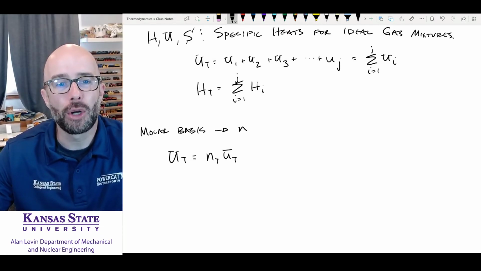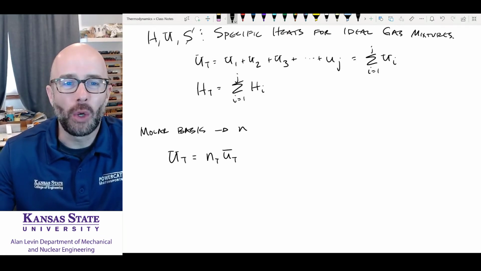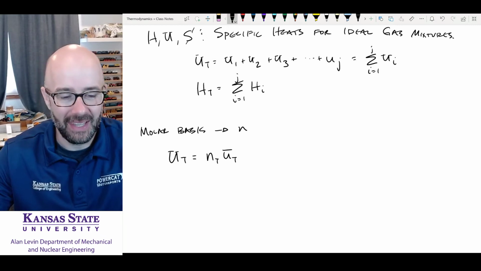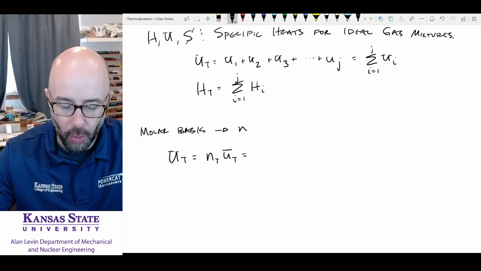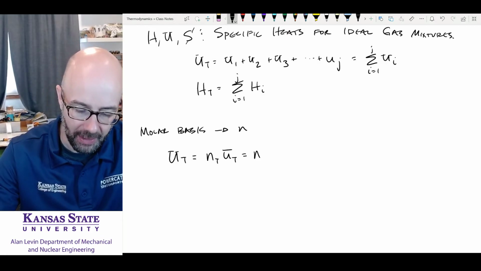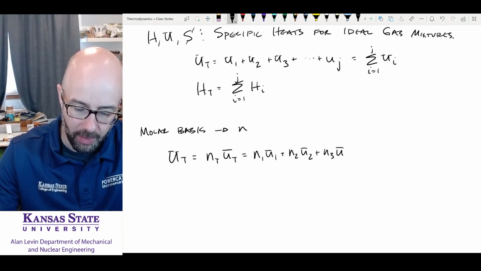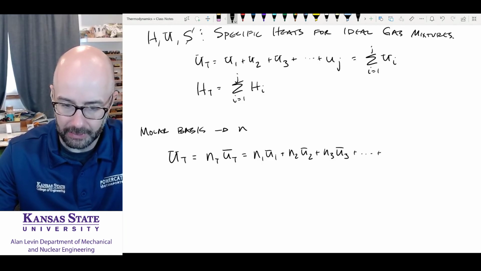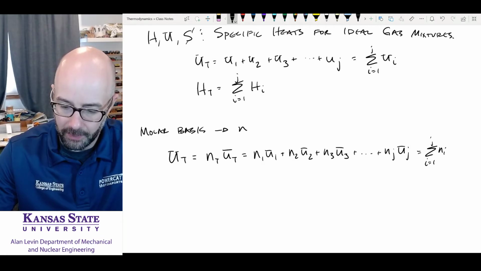It's internal energy per unit mole. So I'm taking the total number of moles times the internal energy of the total substance. Or I can write this as N1 U bar 1 plus N2 U bar 2 plus N3 U bar 3 plus dot dot dot Nj U bar j. So we're adding up from i equals 1 to j of Ni times U bar i.